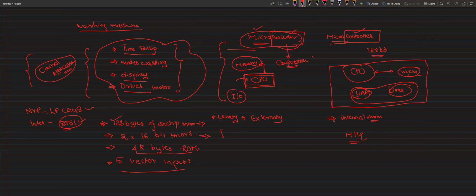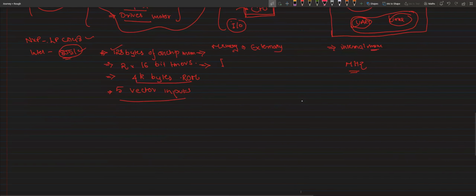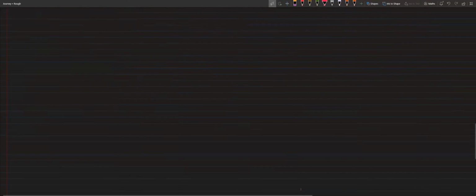Coming to the pin diagram, the configuration, like how the 8051 microcontroller looks, you see the hardware circuitry of the 8051, right? Basically, it has a total of 40 pins.